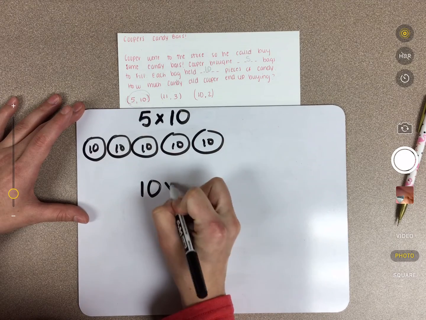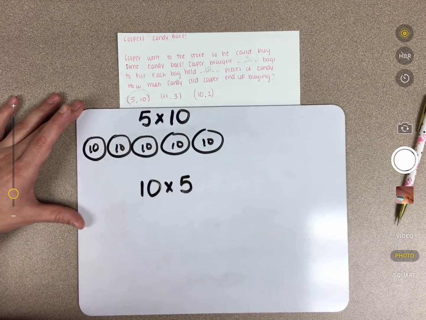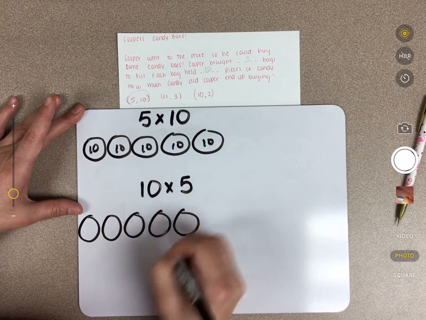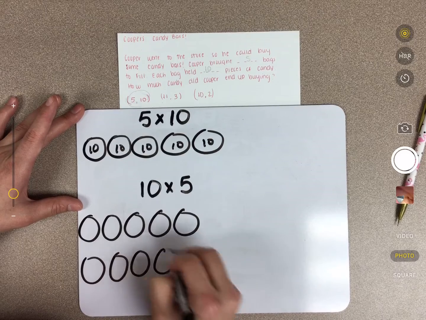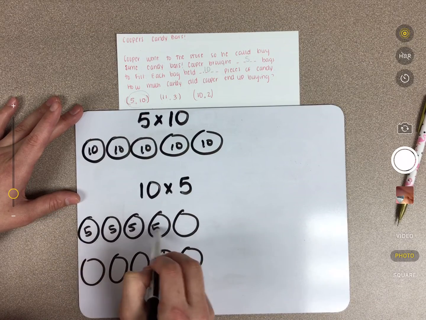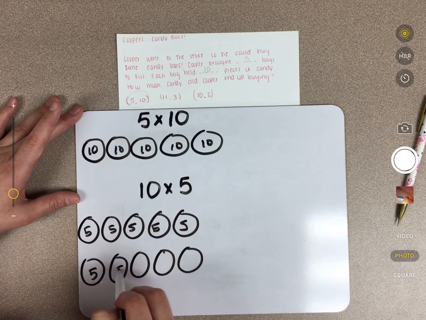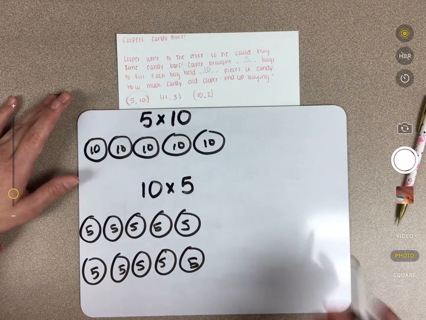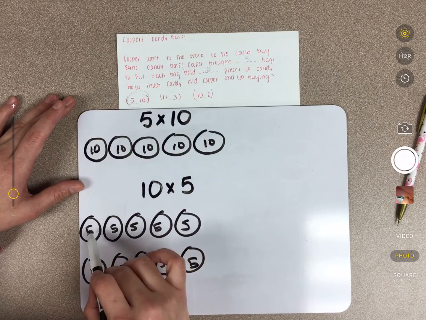So what if I did 10 groups of 5? I know that I would need 10 groups of 5. So then I would write 5 ten times. That was a lot of work, but if I add my 5s, I know I can count by 5.